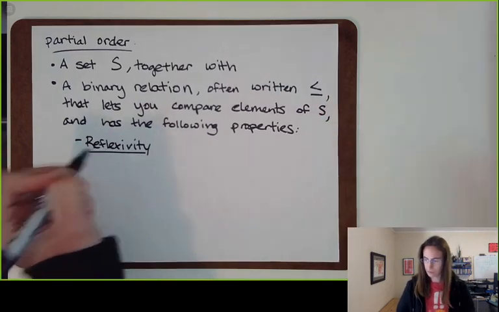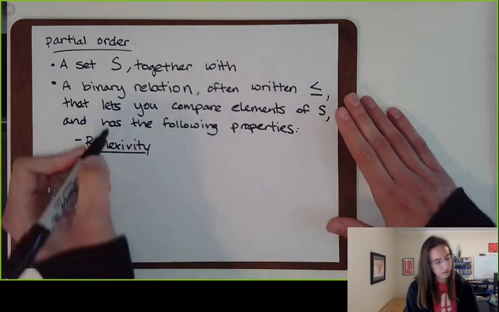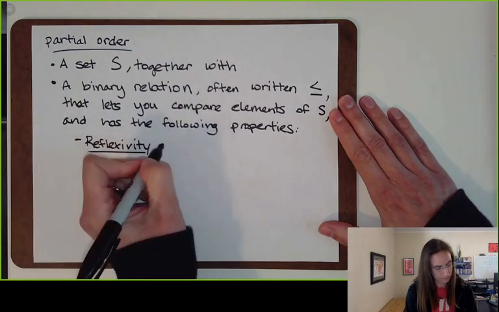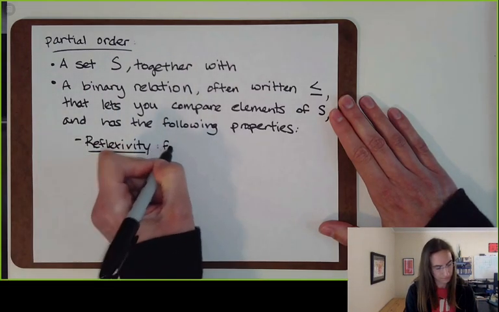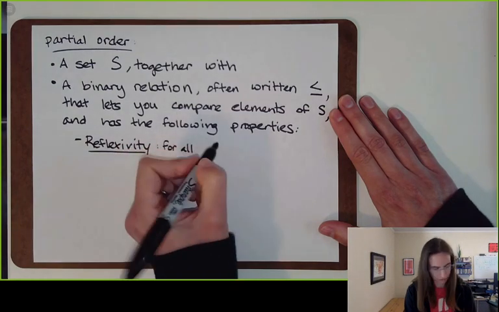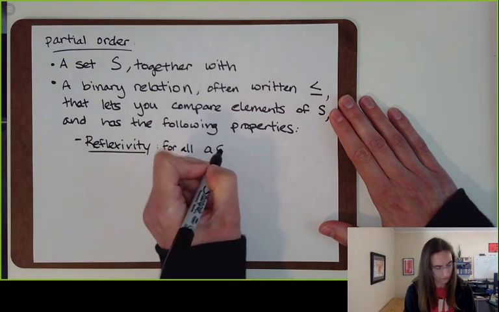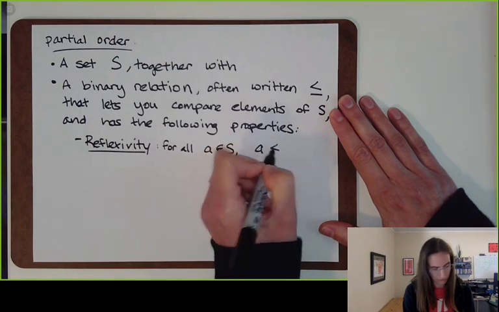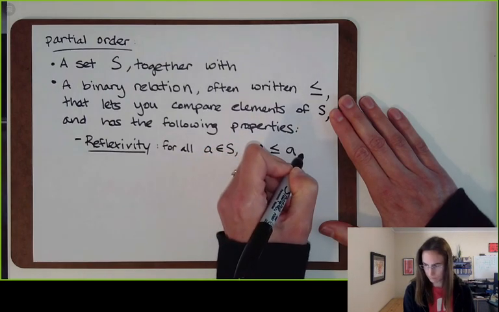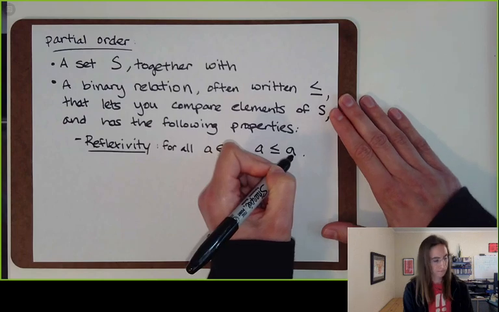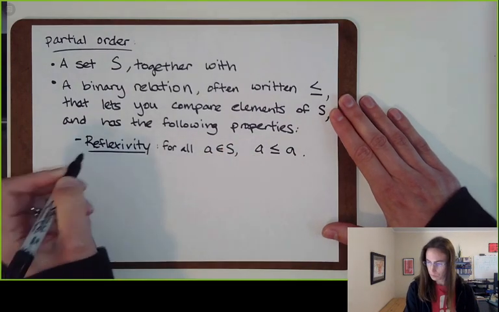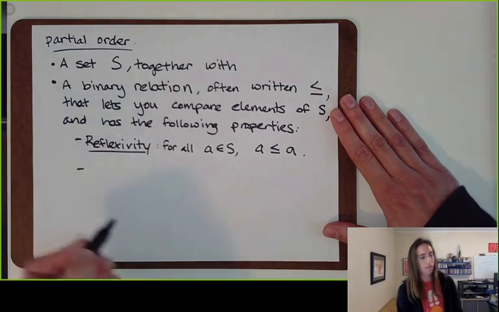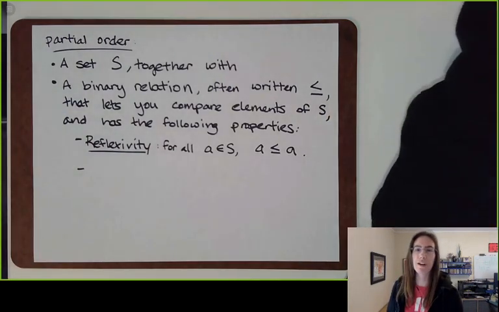Reflexivity. So that means for every element of S, let's call it A, A is related to itself. What else is going to be true about the binary relation in a partial order? If you don't know, you can look it up on Wikipedia.